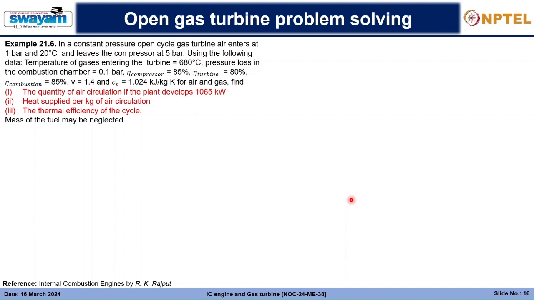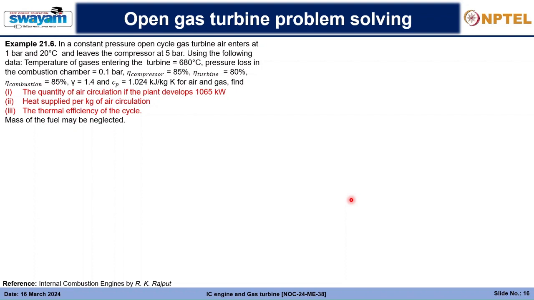Then compressor efficiency is 85%, turbine efficiency is 80%, combustion efficiency is 85%, gamma is 1.4, Cp is 1.024 kilojoule per kg for air and gas as well. We need to find the quantity of air circulation if the plant develops 1065 kilowatt. That's the whole work output from the plant.